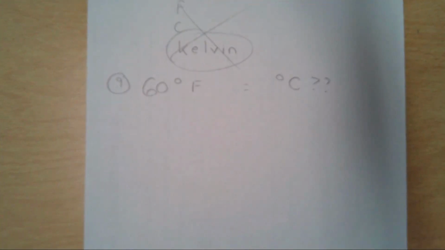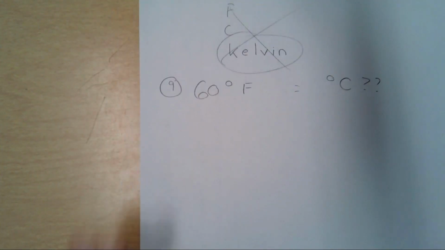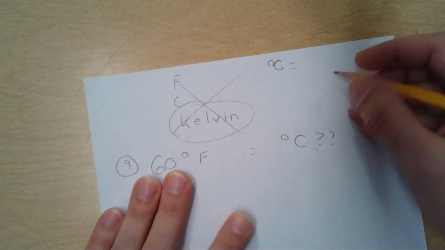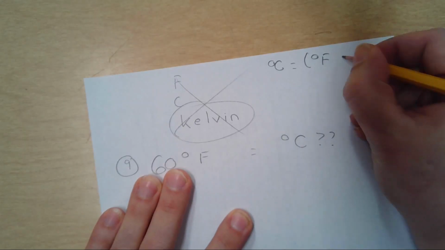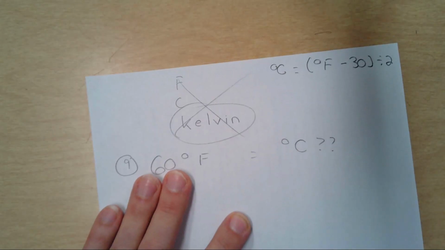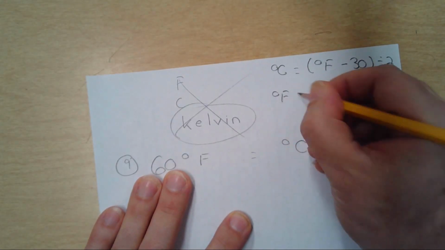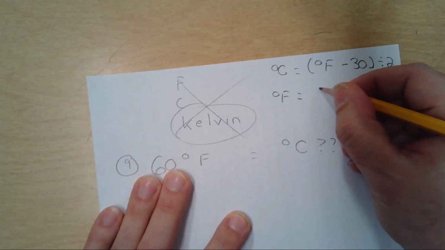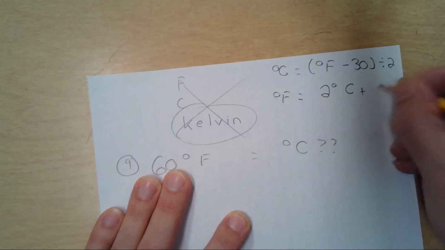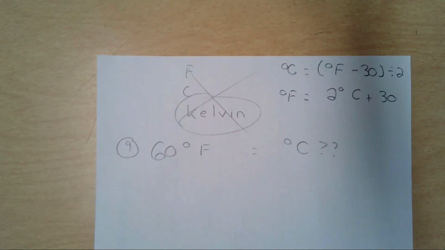Okay. So the key here is we got two formulas. I got this formula, which says subtract 30 and then divide by 2. And then I got this one. So that's how they wrote them there.